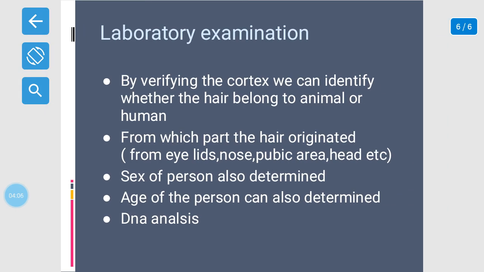Examination of hair in the laboratory. For the purpose of investigation, the investigating officer will collect the hair from the scene of occurrence and send it to the laboratory.